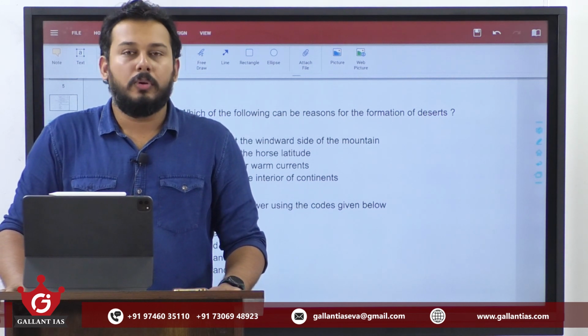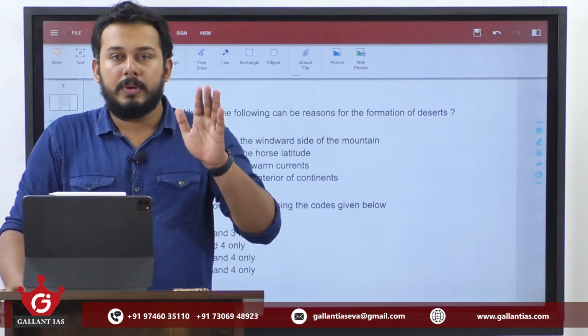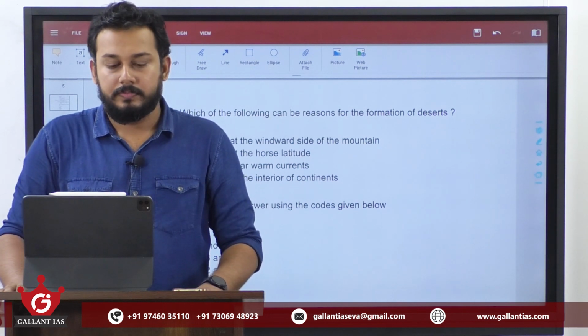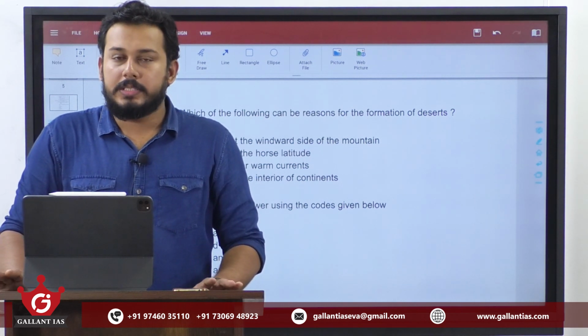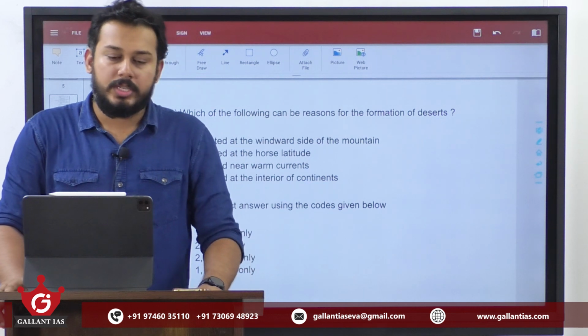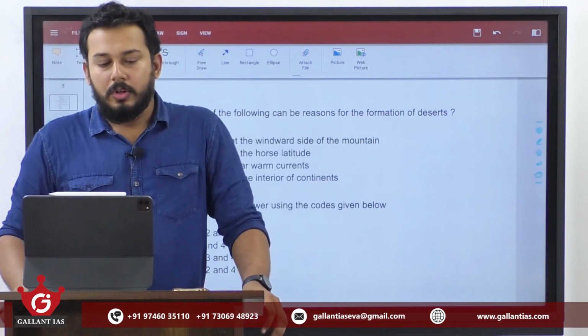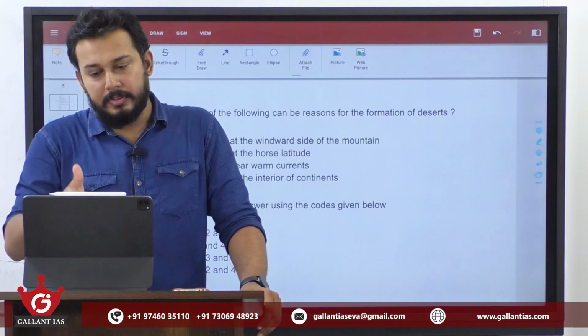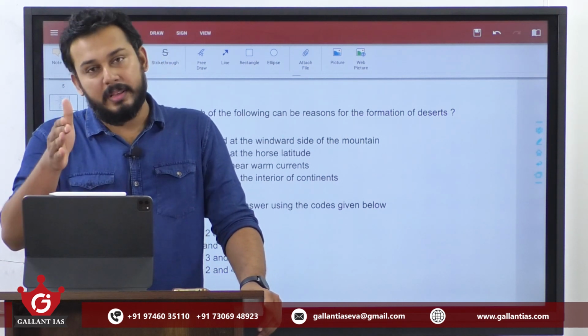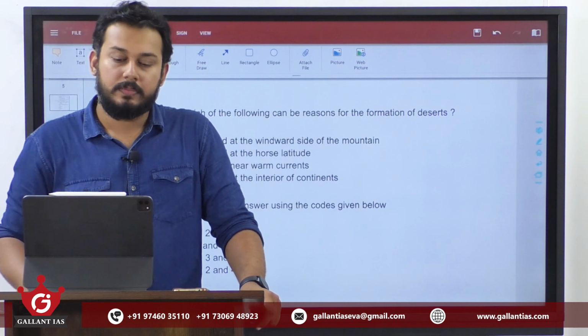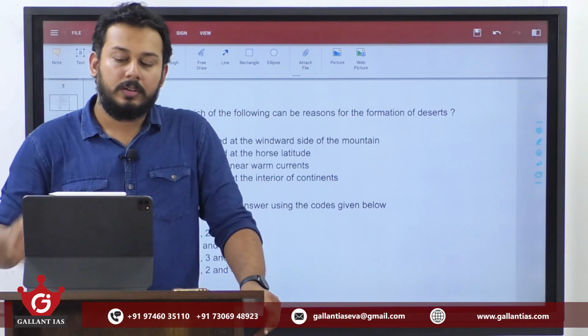So, desert means we know that along that region the evaporation is much greater or the precipitation is very, very low. So, just check which of the following conditions can be reasons for low rainfall of a region.